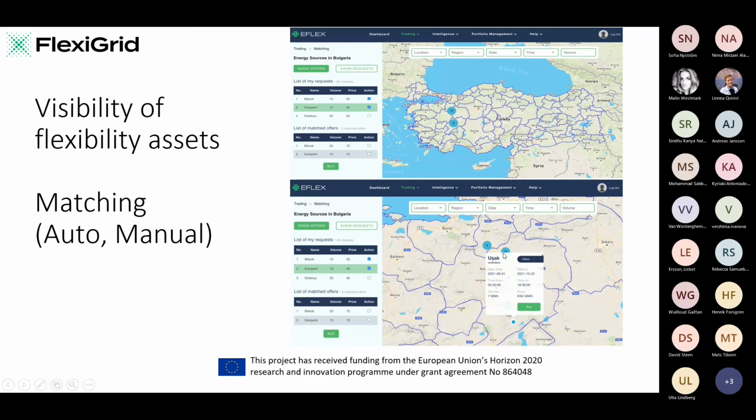So when you see this, you may have the feeling that it is an Airbnb for energy. Airbnb is a small individual household that can sell the free room for certain periods to visitors or tourists. Here it is similar: they can sell flexibility.